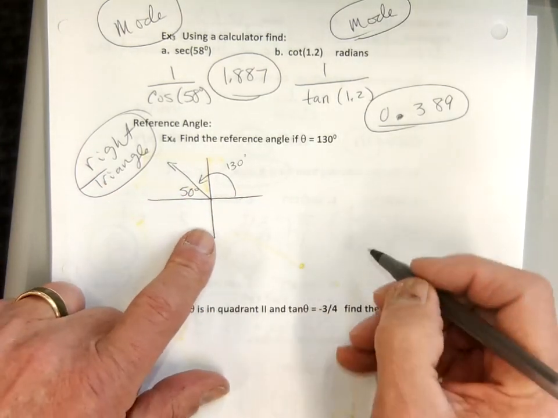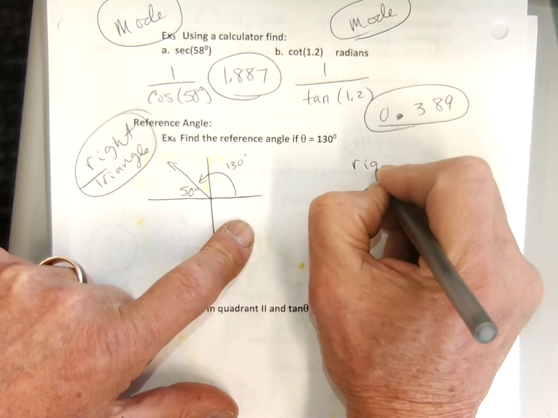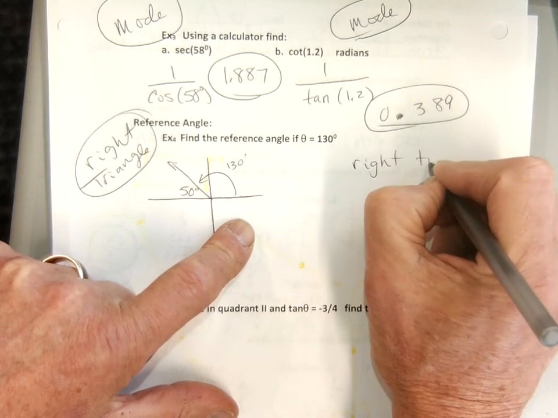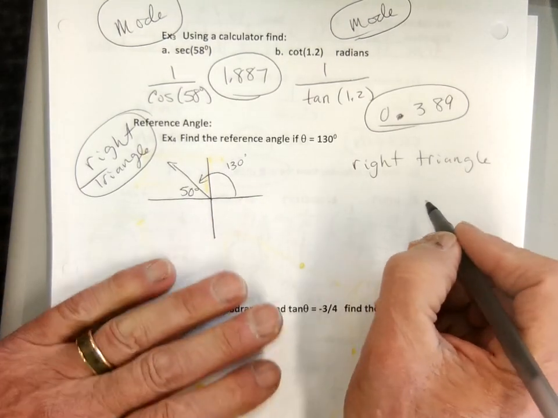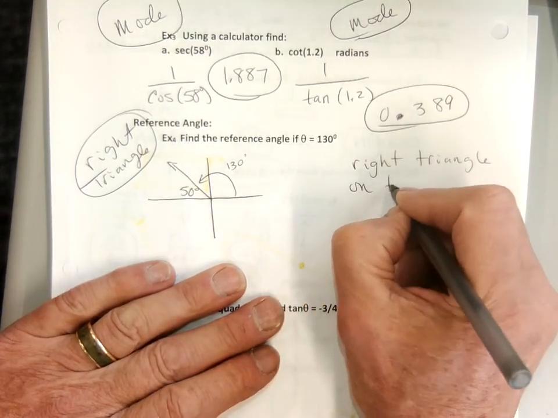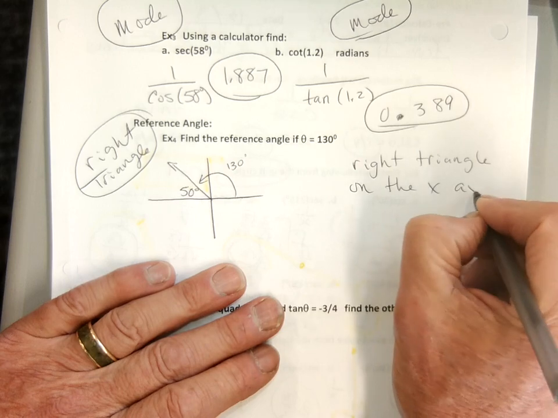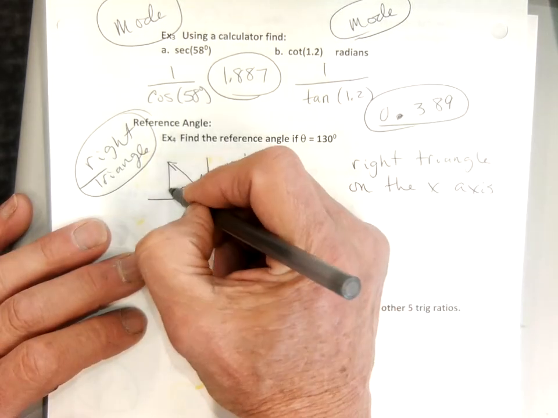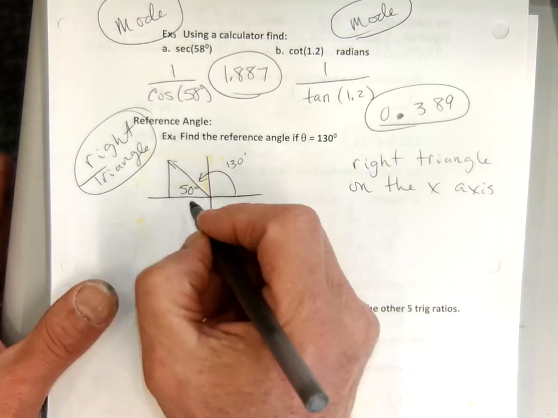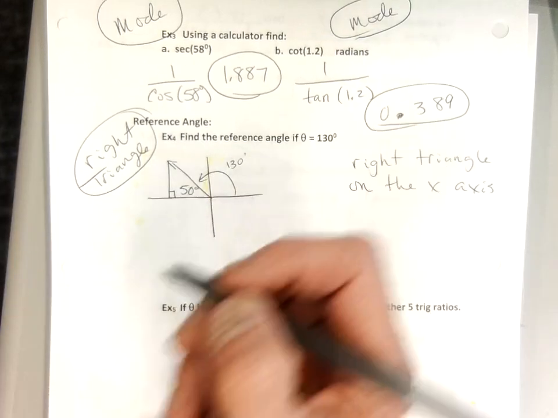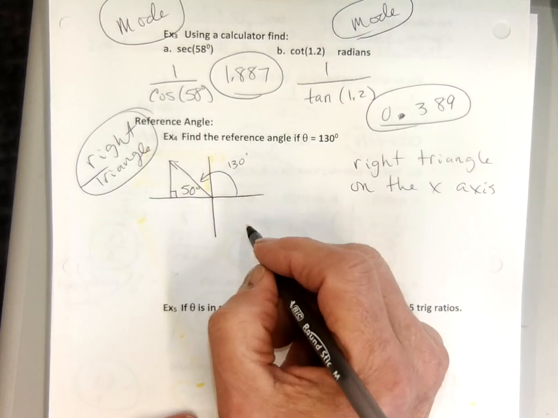So you always want the right triangle, and Kai asked this, you always want the right triangle on the x-axis. And the reason it's on the x-axis is when we graph points over and up, right? So my reference angle is 50 degrees.